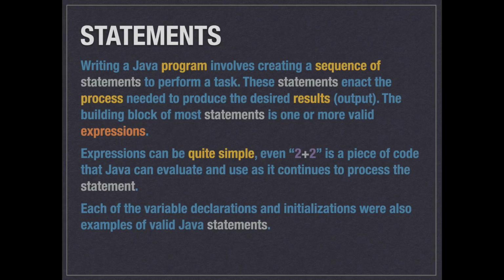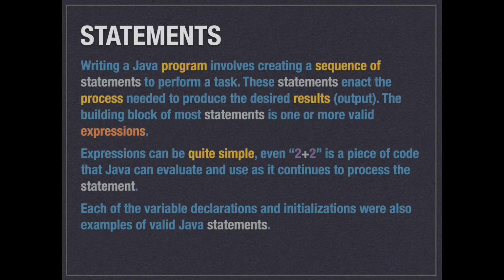Programs essentially are lists of instructions that are executed step by step, one at a time, typically top to bottom. So a Java program is essentially, at its core, a sequence of valid Java statements that the Java runtime environment reads, interprets, executes, and then moves to the next statement, and then continues to execute statements and move down your code statement after statement after statement.